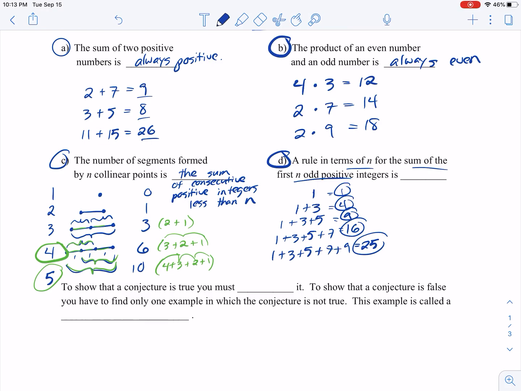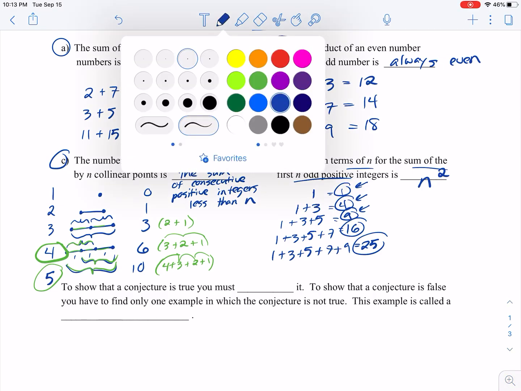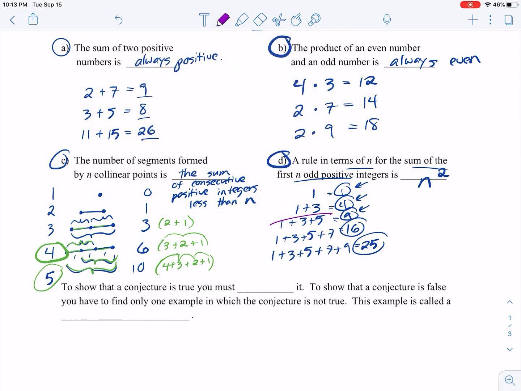And if we want to write the rule in terms of n, well, here n is 1, here n is 2, here n is 3, so really the sum was just n squared. We don't need our parentheses, right? So then if you plugged in, say, 3 for the first 3 odd positive integers, you get 3 squared, which gets you 9. Just check in and make sure that that statement's true.